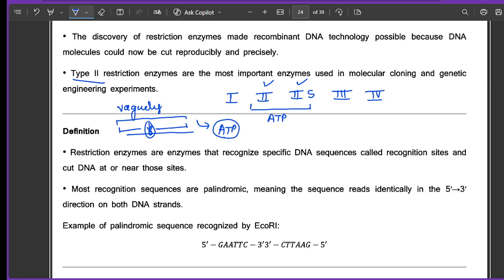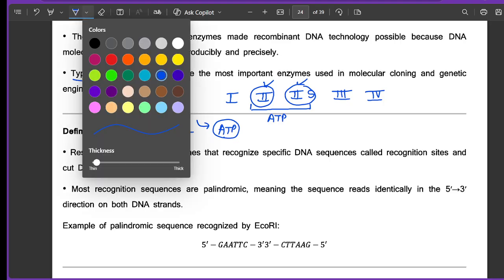If we want to extract a very specific sequence, then we should know that only if the restriction enzyme acts on this specific nucleotide can we obtain the specific sequence we want. Type 2 and type 2s have that specificity, which makes them very important.